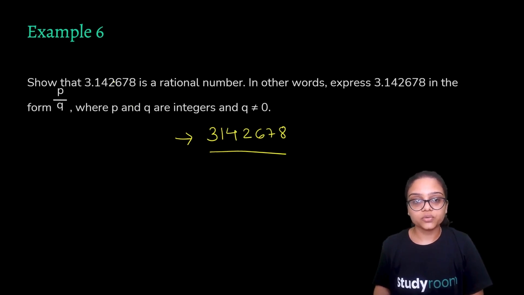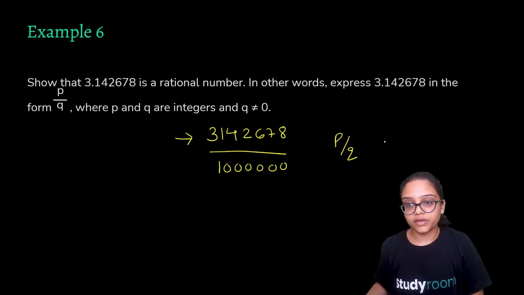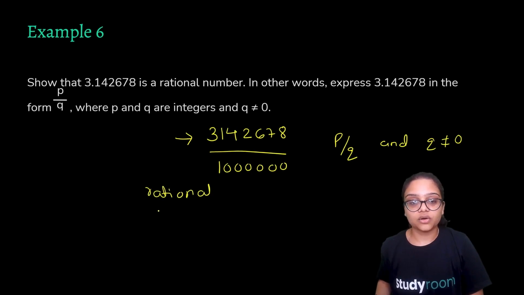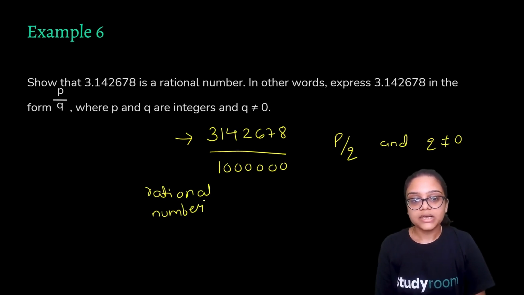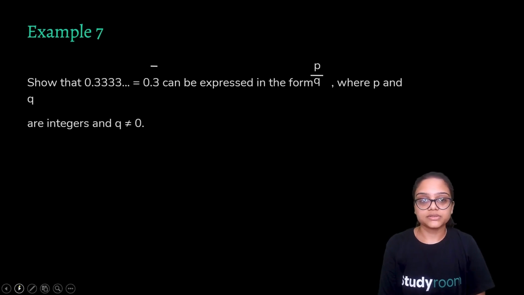Here it is 1, 2, 3, 4, 5, 6. Put a 1 and 6 zeros in the denominator. So it can be expressed in P by Q form where Q is not equal to 0. Hence proved, it's a rational number because it satisfies the condition of a rational number. So that's your answer. In a similar way you can solve other questions whenever you are asked to express rational numbers.